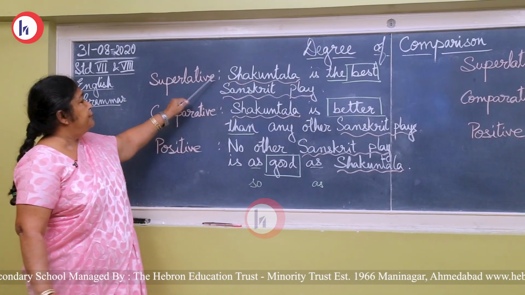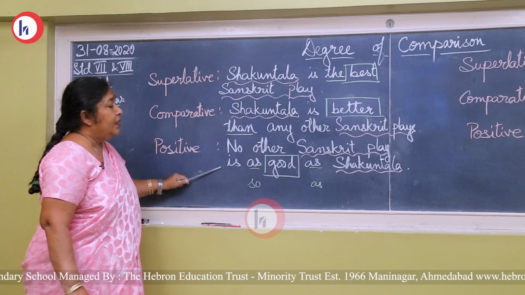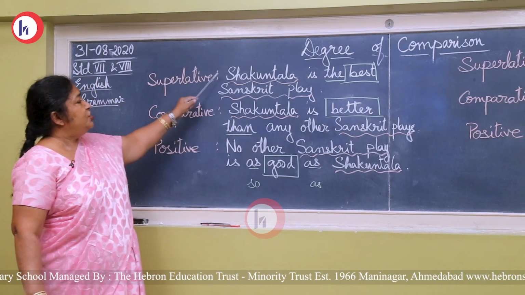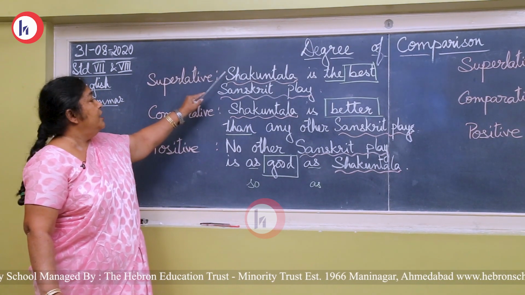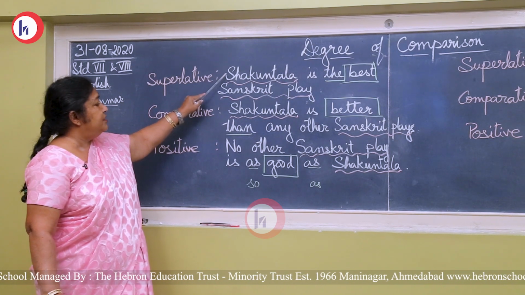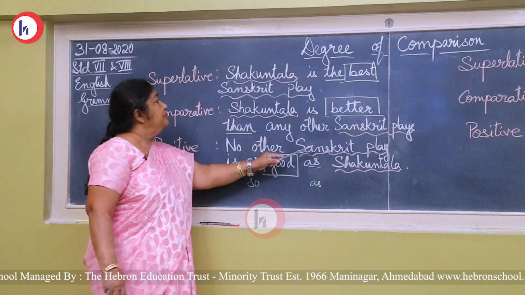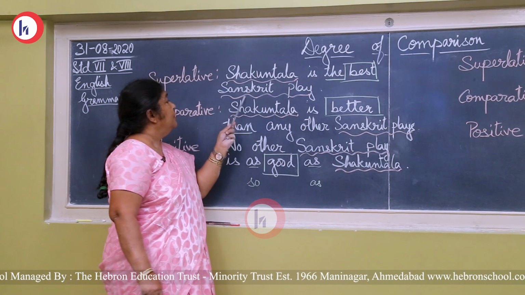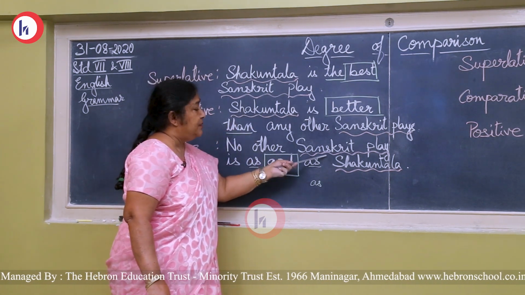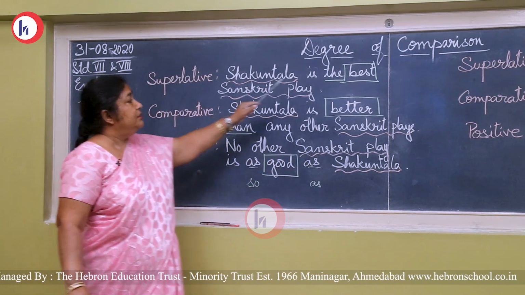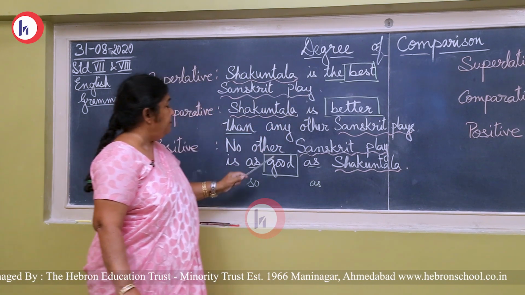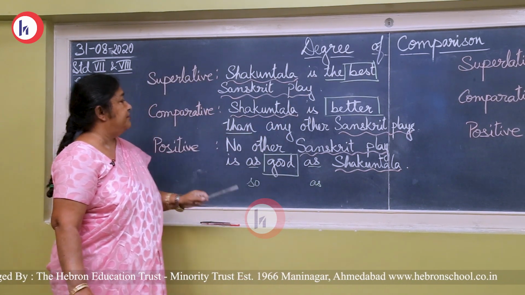So when we change from superlative to positive also, we change this degree. The subject becomes the object and the object becomes the subject. And this best will become good in positive.